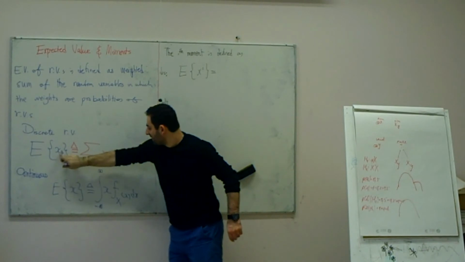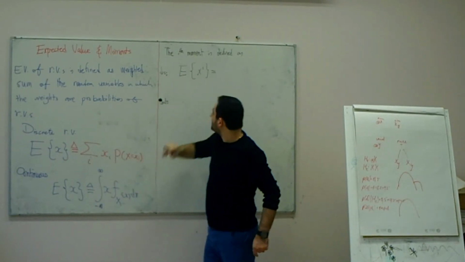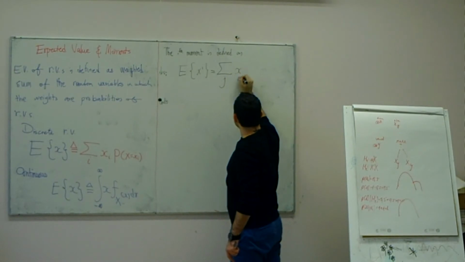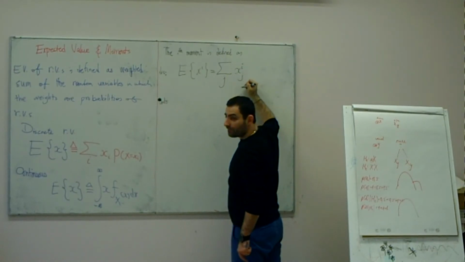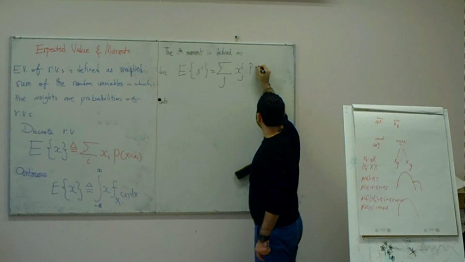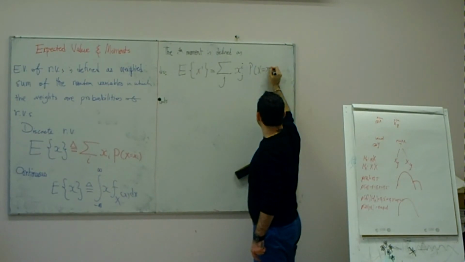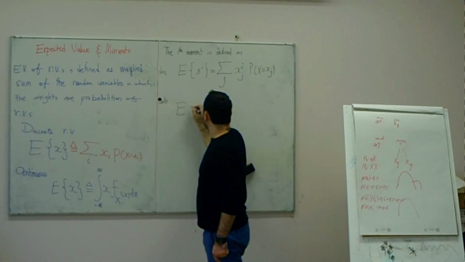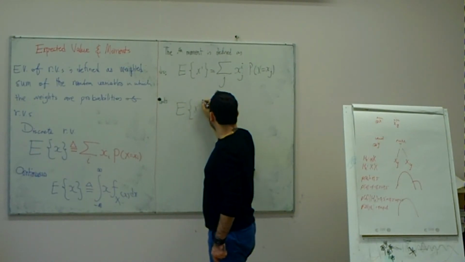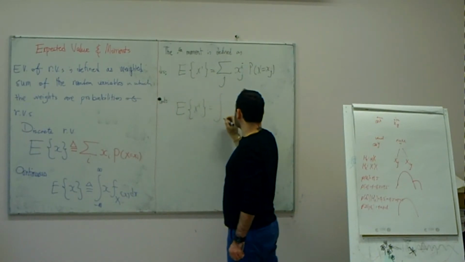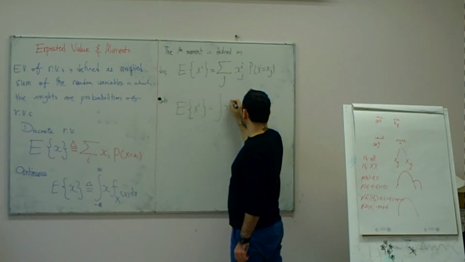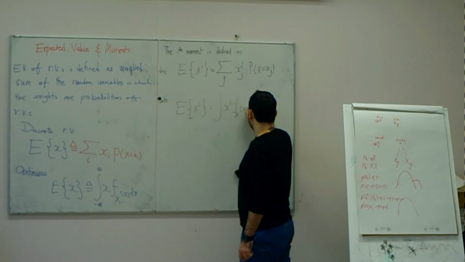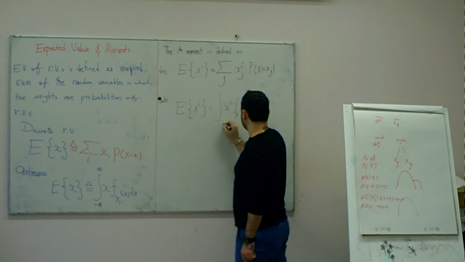It will be the summation over j of xj to the power i multiplied by P of x equal to xj. And in the continuous form, it is the integral of x to the power i fx dx.